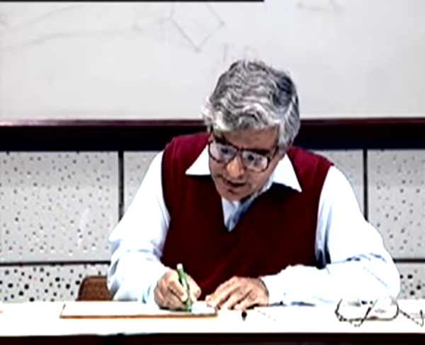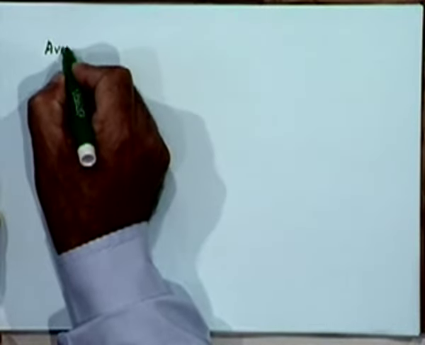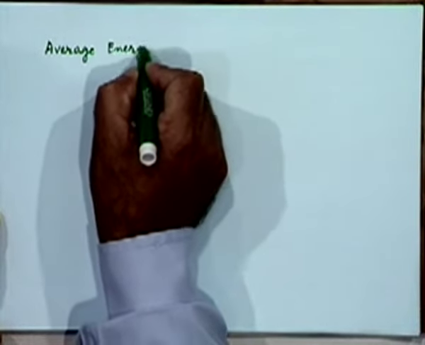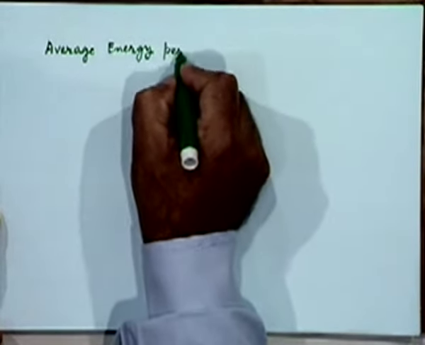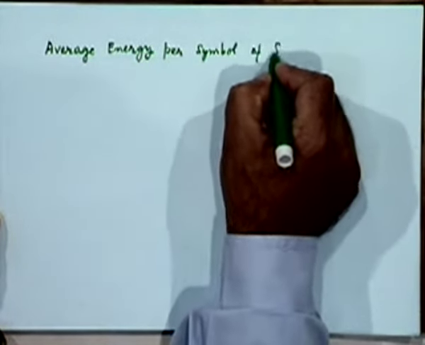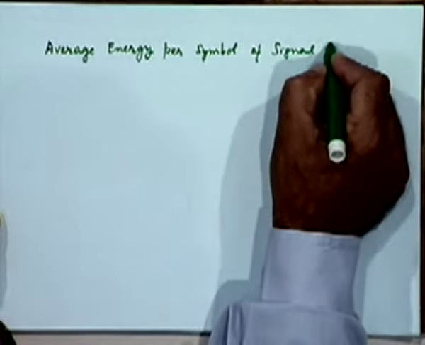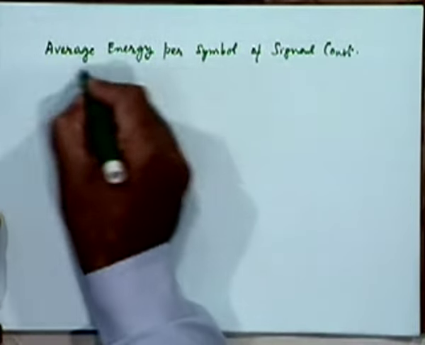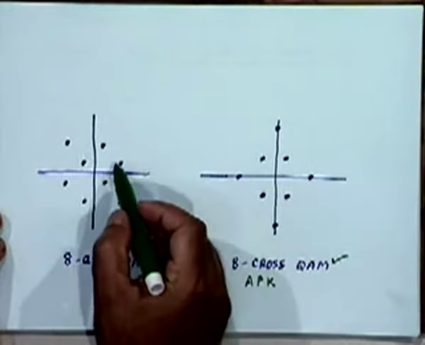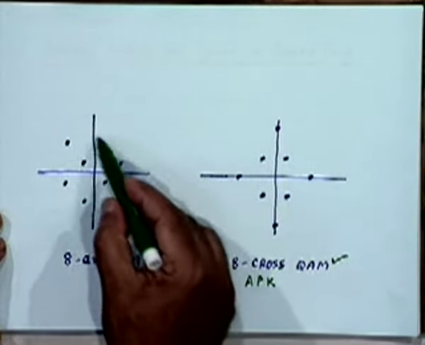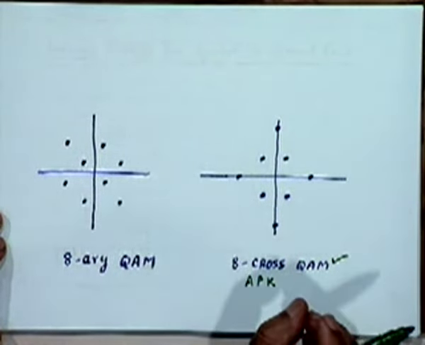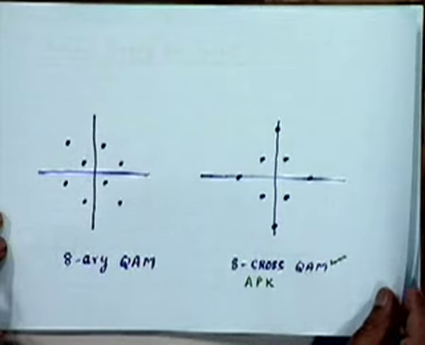Let me first define the average energy per symbol of the signal constellation. You have a given signal constellation, right? Let's say this constellation, you have 8 symbols here corresponding to possibly 3-bit sequences, right? 8 symbols here.